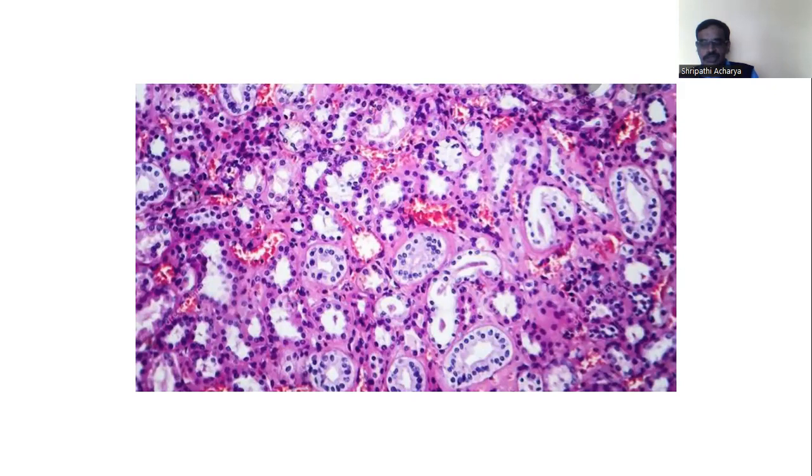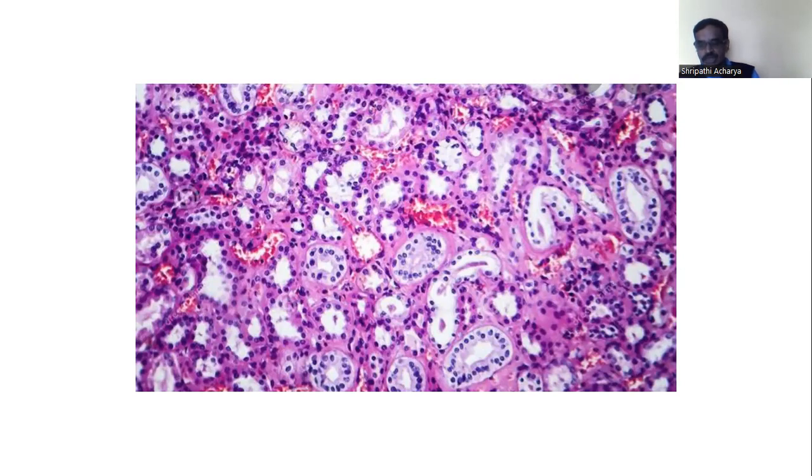Obstructive pathologies like benign prostatic hyperplasia, bladder neck obstruction by impacted stone or tumors, or urethral strictures can cause obstruction to the urinary flow and can cause hydronephrosis and renal failure.